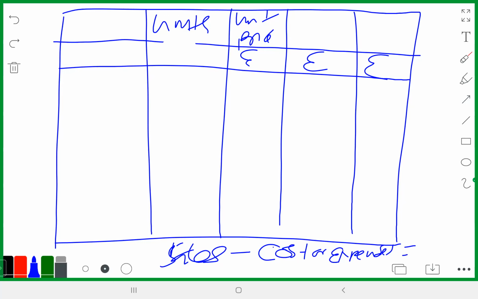That is gross profit, of course. Then when we less expenses, we have net profit. You remember? So now let's start with the sales, number one.